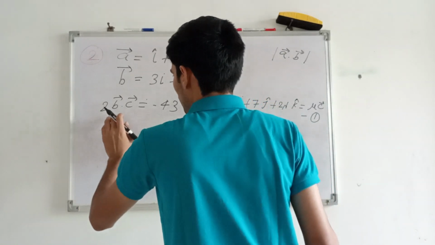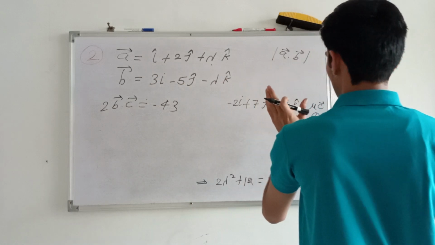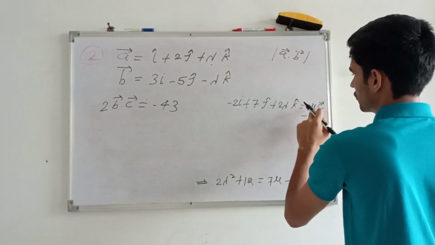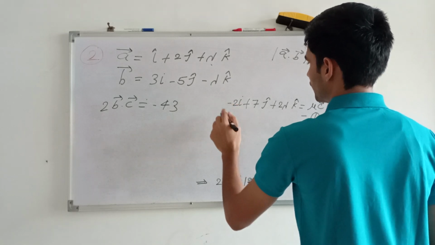Clear? Now do a dot product of B and C. This is B, this is C, this is mu C. So what was C? Bring this mu to this side, it will become 1 by mu.